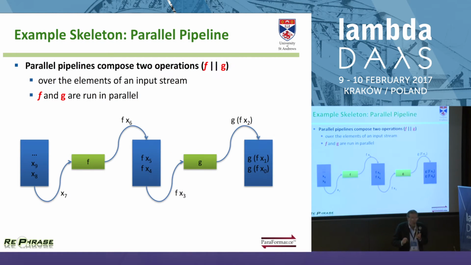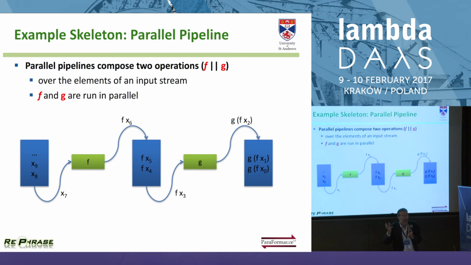Another type of common skeleton is a pipeline. And with a pipeline, what happens is, you're all familiar with these things from undergraduate days, I expect. You have some input coming in, some operation F works on the input, produces some result in an intermediate form, that gets picked up by a second stage in the pipeline, a G, that does its stuff and produces the result.